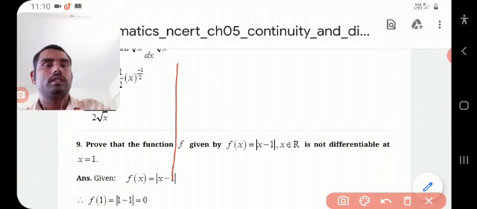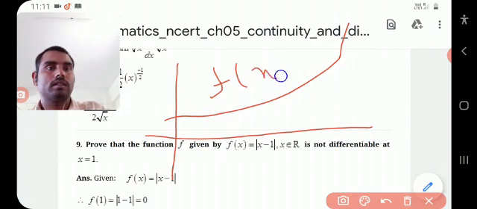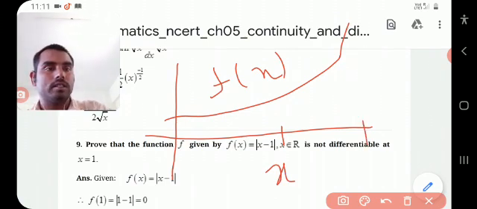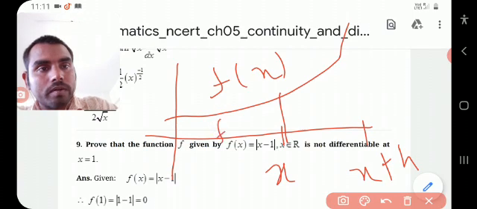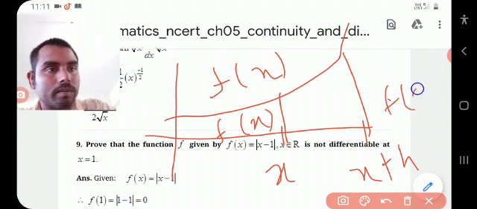Suppose this is the y-axis and this is the x-axis. This is a function f of x, and at this point, suppose it is x, and for a slight distance h, this point is x plus h. So at this height we get f of x, and at that height we get f of x plus h.